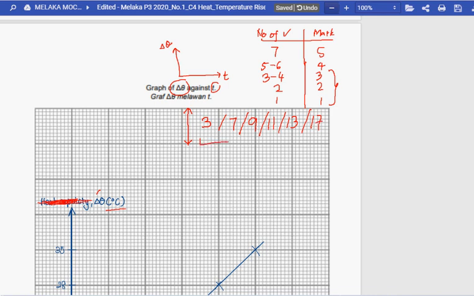This is known as an odd scale. So if it is an odd scale, there will be a cross for 3.